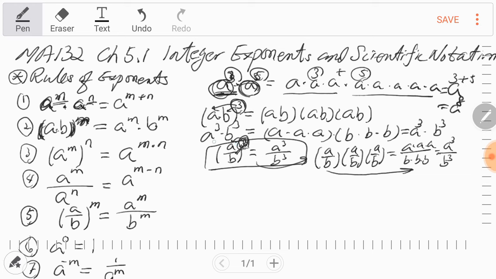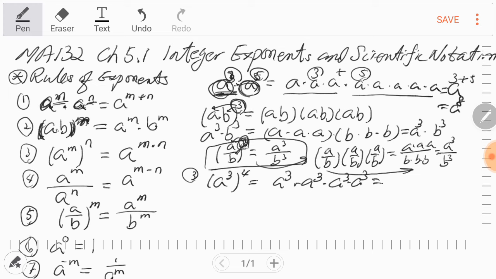Okay, how about number 3? Number 3 is a to the mth power, an exponential form raised to another power. So let's say a cubed is raised to the 4th power. Then this means a cubed is multiplied 4 times: a cubed, a cubed, a cubed.